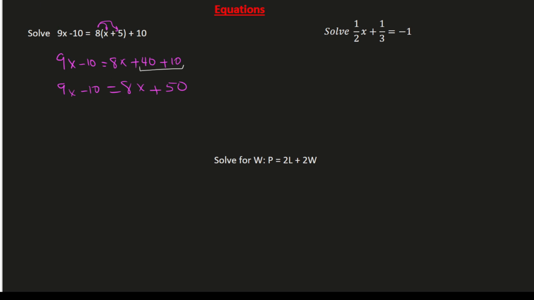The opposite of positive 8x is negative 8x. So to keep things balanced, whatever we do on this side, we should do the same thing on the other side, because we subtract 8x over here, we should do the same on the 9x over there. Now this is balanced.